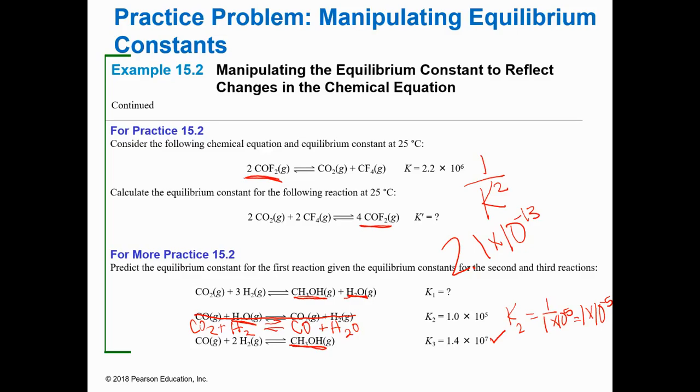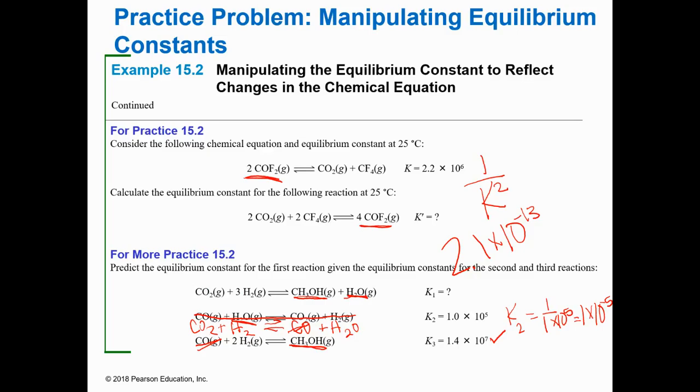Okay, now we cross the things out that are the same on both sides. So my CO disappears, and my H2 adds together to be 3, which is what we have at the top. CO stays, water stays, methanol stays.